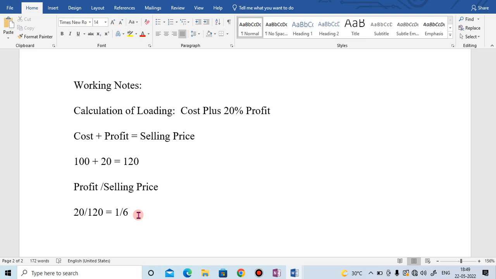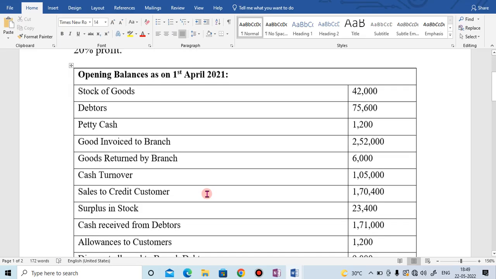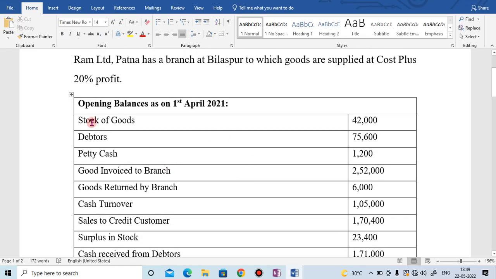After we calculate the ratio of loading, now we will see the first entry, that is opening stock as on 1st April 2021. So stock of goods. This is the entry of branch stock account. Then debtors, petty cash.